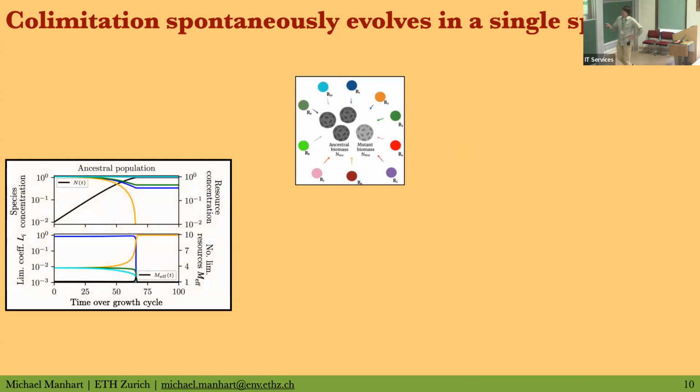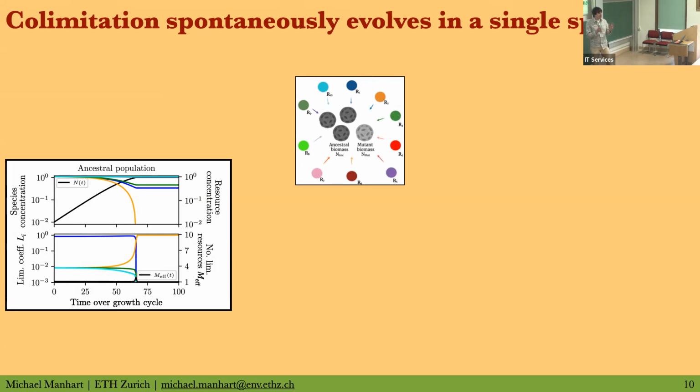So if we first look at the ancestral state of this population, up here I'm showing the growth dynamics of the population. And it kind of follows what you would expect. So the biomass grows exponentially and then saturates once the resources run out. The resources start at some high level and then decay until at least something runs out and the population stops growing. But if we look at now the limitation coefficients, these are these dynamic quantities, right?